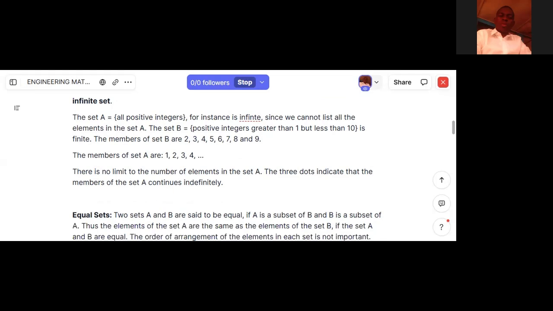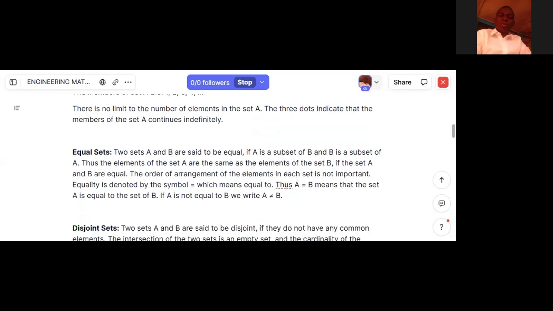Now, we have seen that there is no limit to the number of elements in the set A. The 3 dots indicate that the members of set A continue indefinitely, as I have explained already.